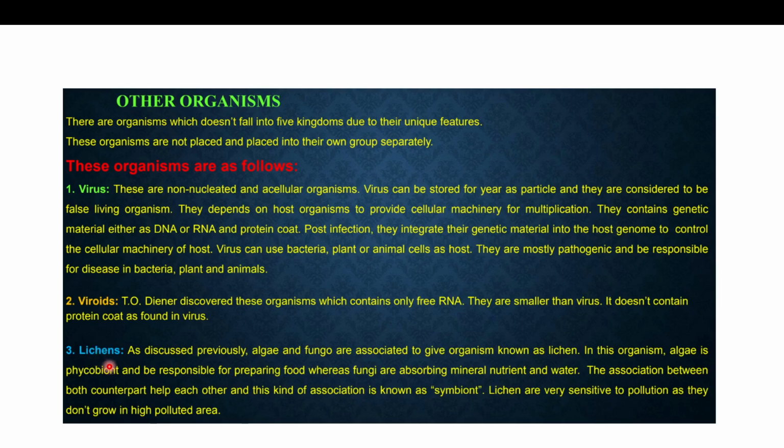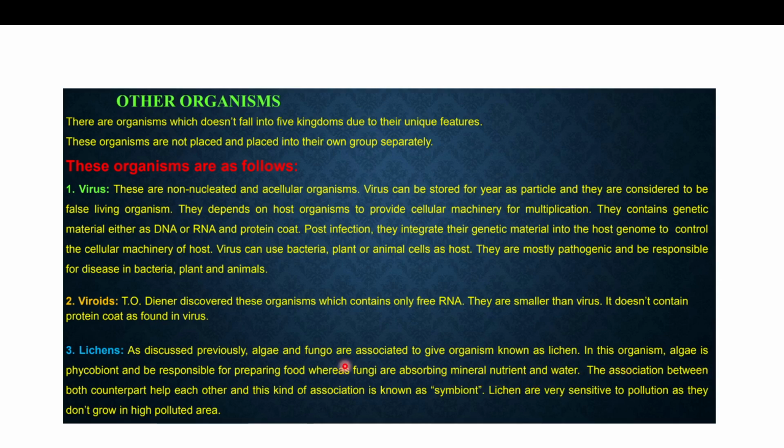Then there are lichens, actually an association of algae and fungi. In this association, algae is the phycobiont and it is responsible for preparing food, whereas the associated fungus is responsible for absorbing mineral nutrients and water.